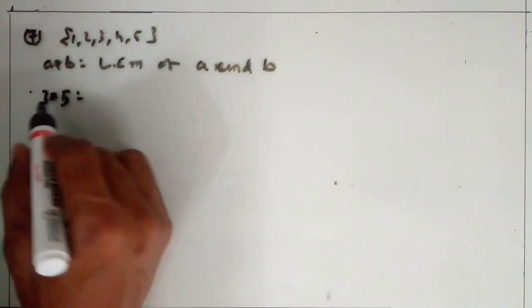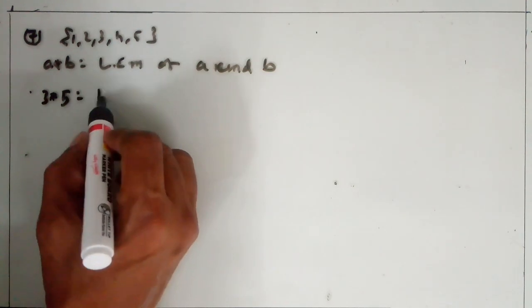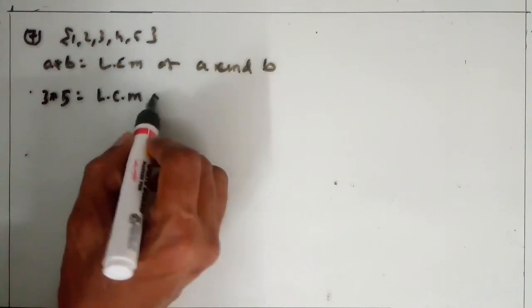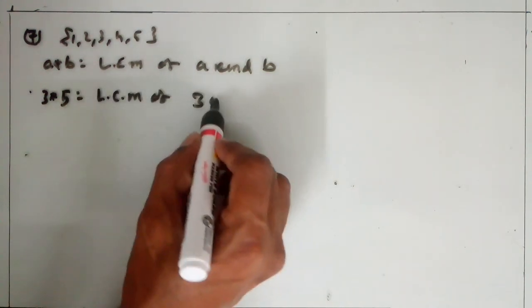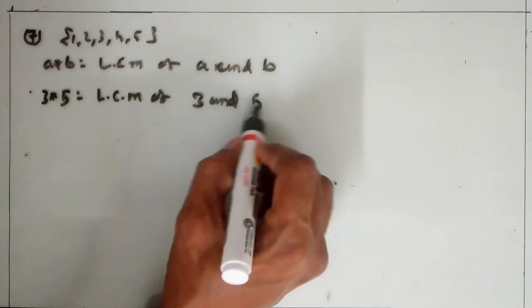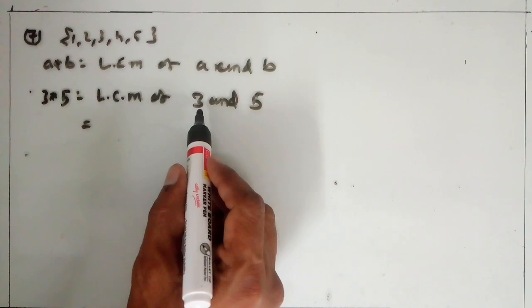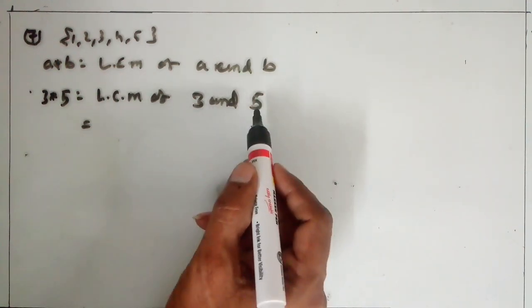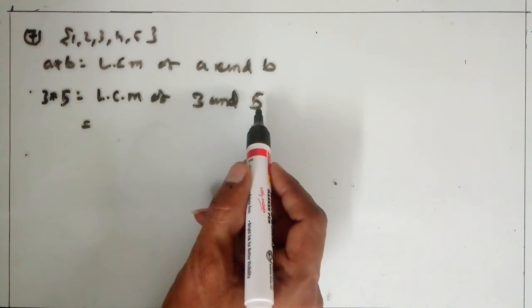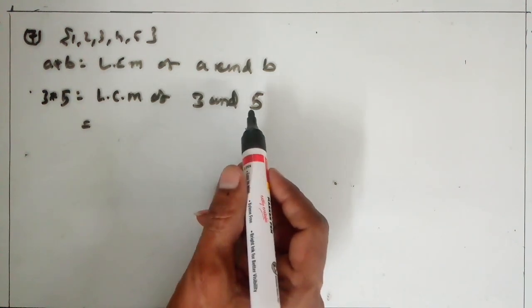the star operation of 3 and 5, 3 star 5, is the LCM of 3 and 5. Multiples of 3: 3, 6, 9, 15; multiples of 5: 5, 10, 15.